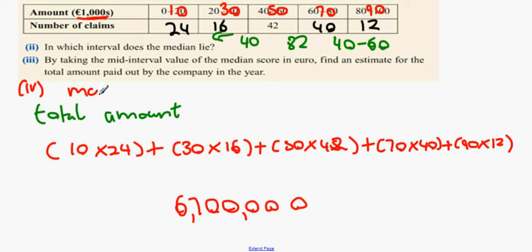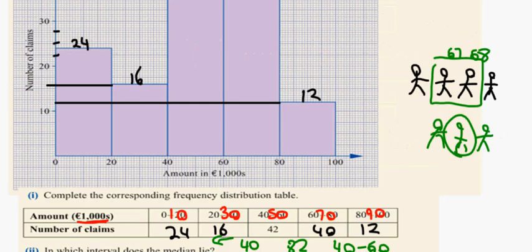Find the mean. The mean is simply going to be all of these added together, your total amount divided by your total claims. Total claims is going to be 40, 82, 122, 134. It's going to be 134 claims in total.